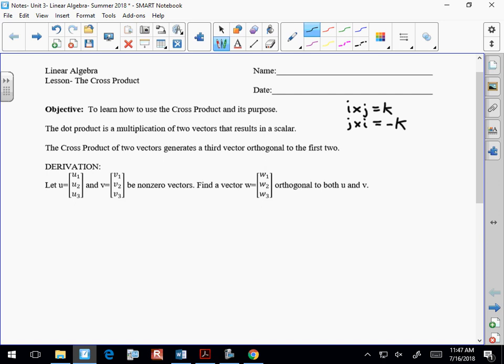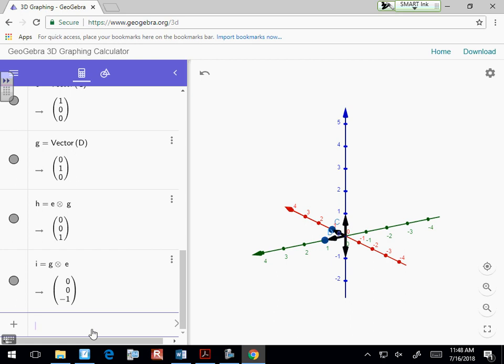But then there's another question, like the simple things, like I cross I, J cross J, K cross K. What's the cross product of a vector with itself? Well, thank God for GeoGebra.